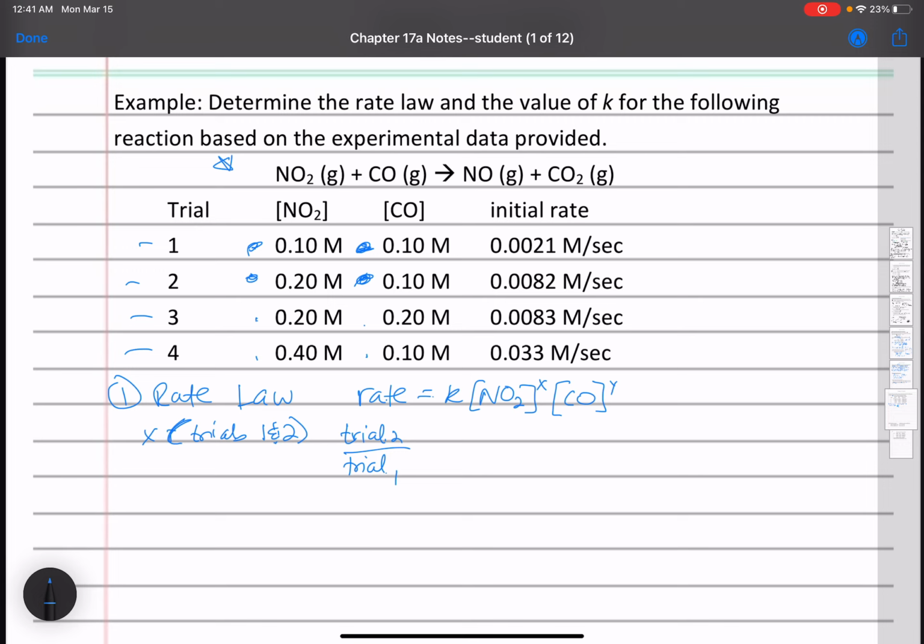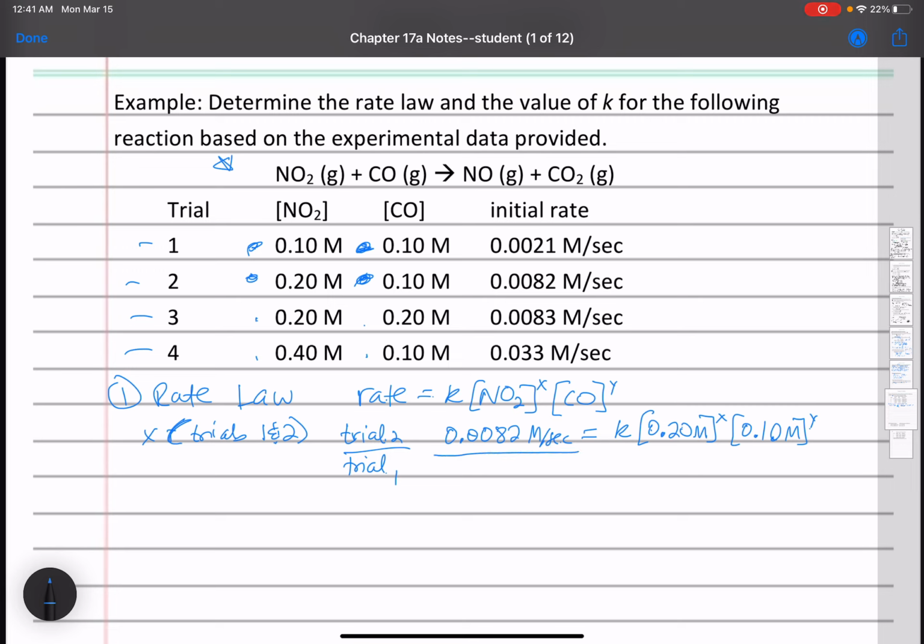So trial 2 has a rate of 0.0082 molarity per second equals K times the concentration of NO2 in trial 2, which is 0.20 molar to the x power, times the concentration of CO in trial 2 to the y power.